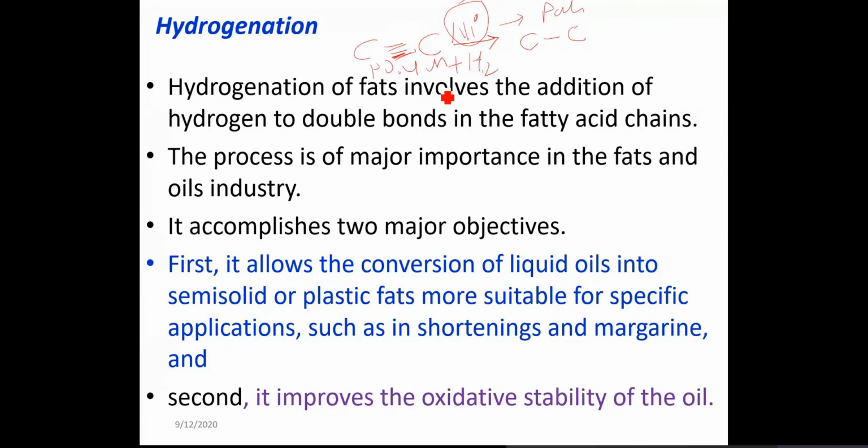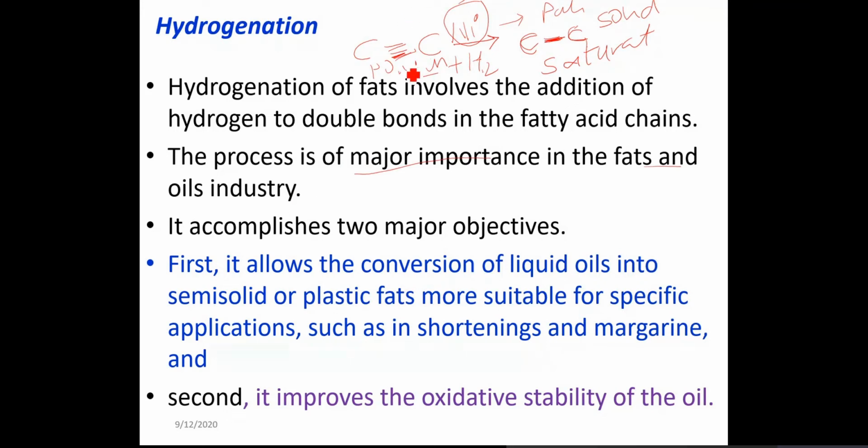A polyunsaturated fatty acid gets converted into no double bond, carbon-carbon single bonds, which means a polyunsaturated fatty acid is getting converted into a saturated fatty acid. Double bonds are converted into single. That means the liquid oil is converted into a solid form. This process is very important in the fats and oil industry.